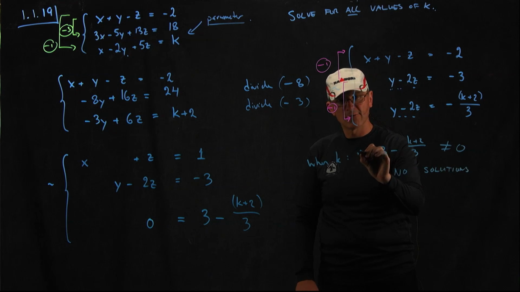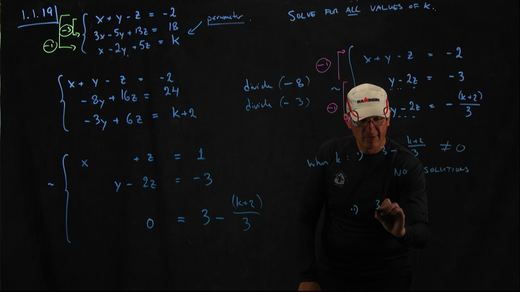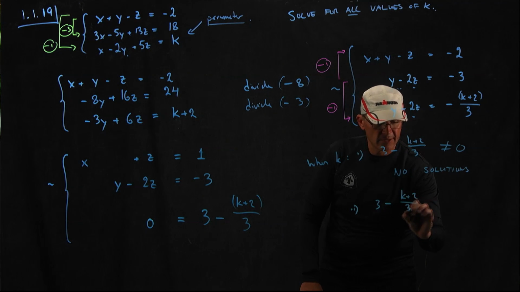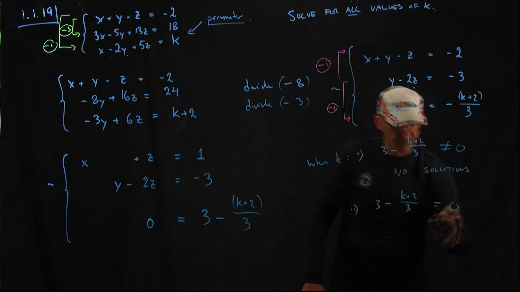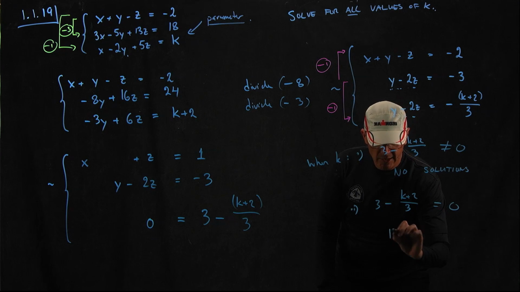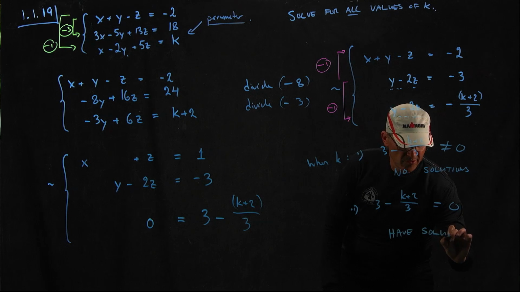So that's case 1. And case 2 is when 3 minus (k plus 2) over 3 equals 0. And we have solutions.